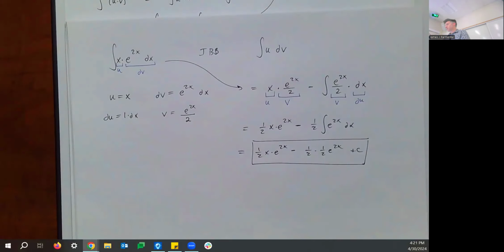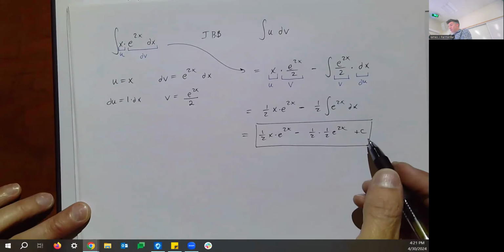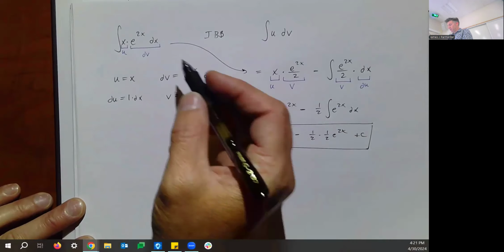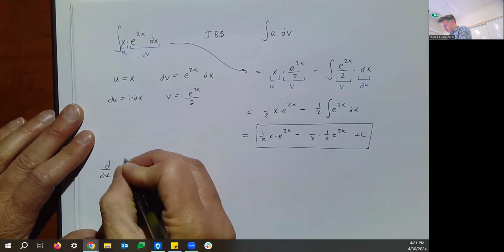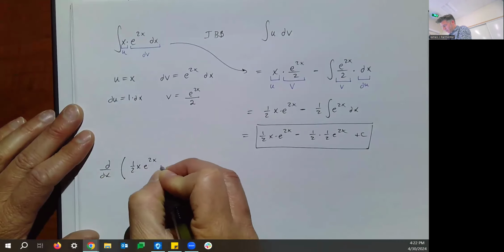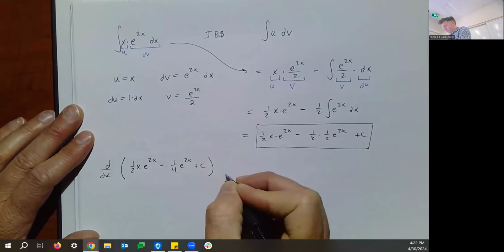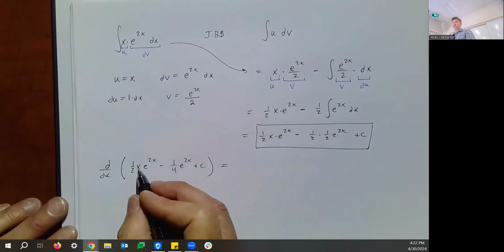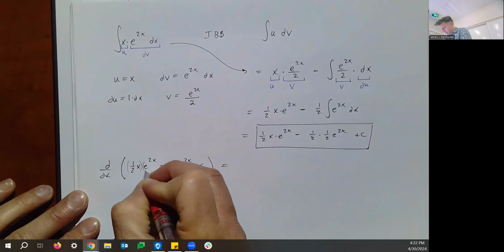And we can check. You don't have to check, but if we check and take the derivative of all this, we should get back the function we started with. Let's check. If I take the derivative of 1/2 times x times e to the 2x minus 1/4 times e to the 2x plus c, I'm going to have to use the product rule for this first part. So I'm thinking about it as this times that.